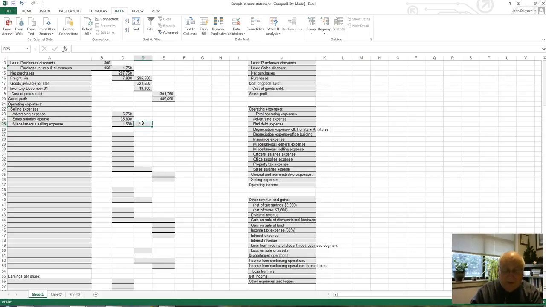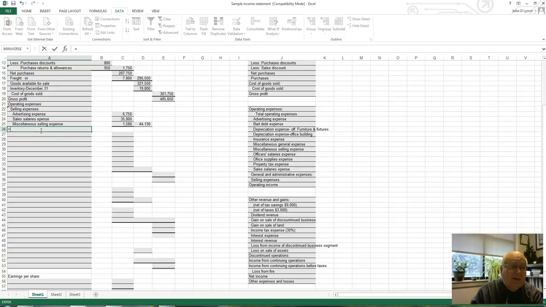We then add those together. So we take the $67.50 plus $35,800 plus the $15.80 to come up with $44,130. Like I said, I'm not even going to try to list all the selling expenses. There's a lot more that go in there, but that's good enough for right now.